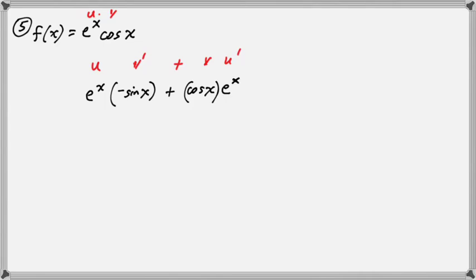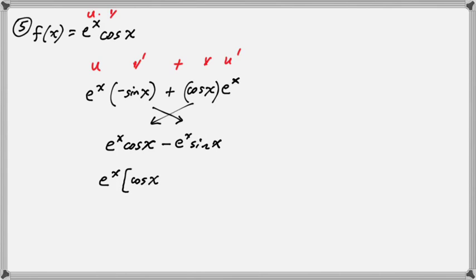The derivative of e to the x is e to the x. So I usually write the positive one first, e to the x cosine x minus e to the x sine x. You could factor out an e to the x if you wished. Again, we're going to be doing that eventually.